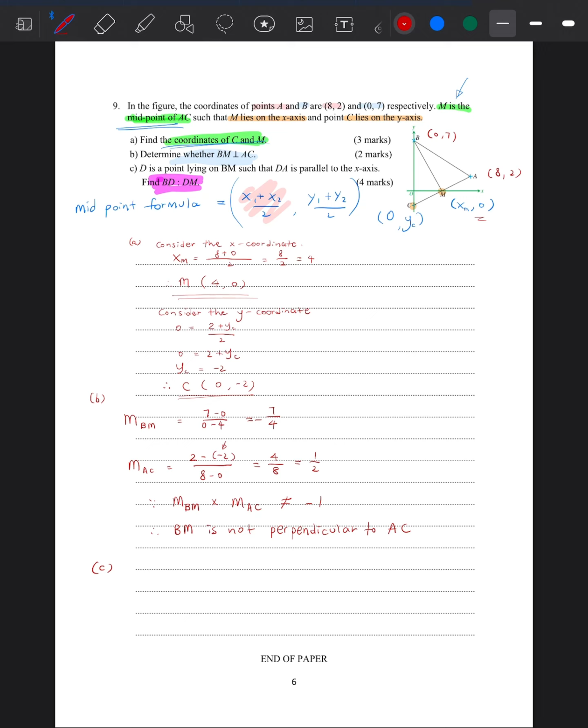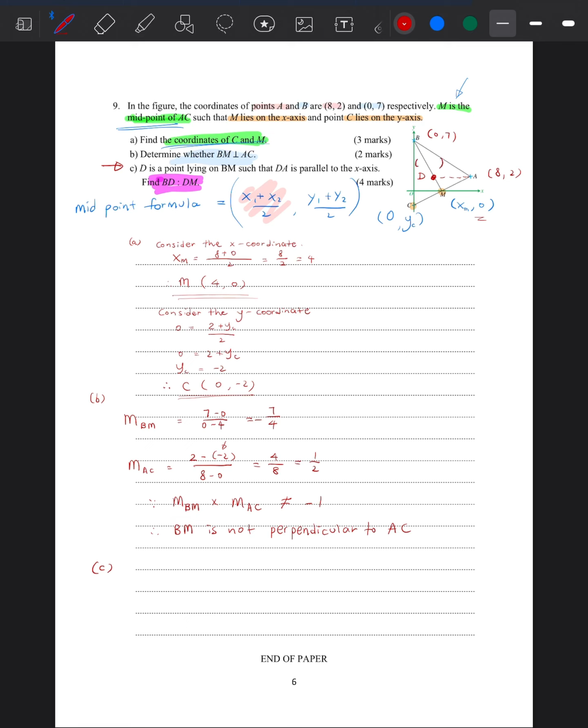So let's read the question carefully. D is a point lying on BM, so it's somewhere on top of this line here. And it says DA is parallel to x-axis. So in this case here, we know that the D is here. And because it's parallel to x-axis, it means that D and point A are on the same height.